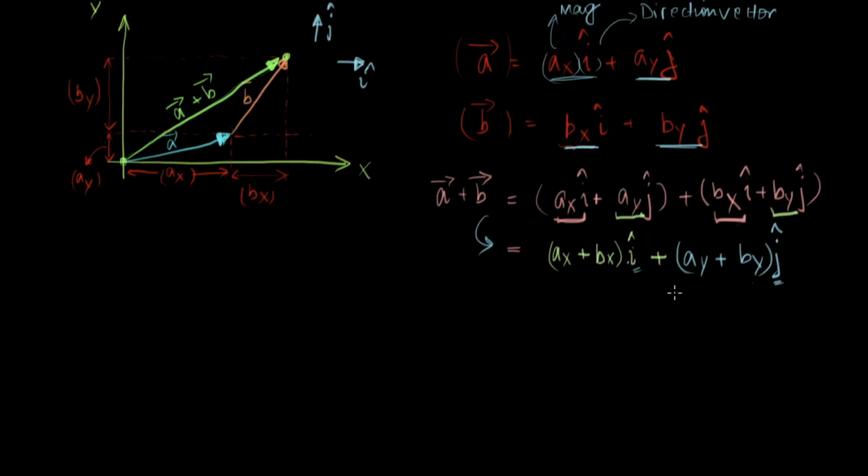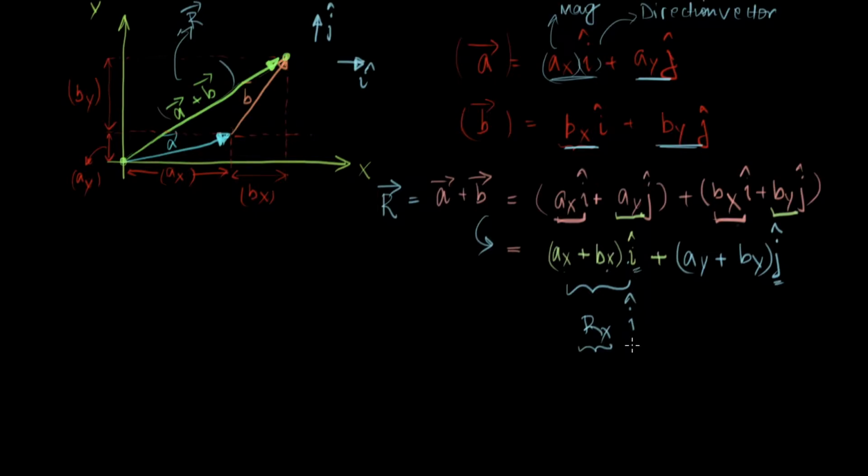Now, if you look at this, this gives you a final vector whose length is a sub x plus b sub x in the x direction. If I have to call the resultant vector r, then this term would be r sub x i cap.